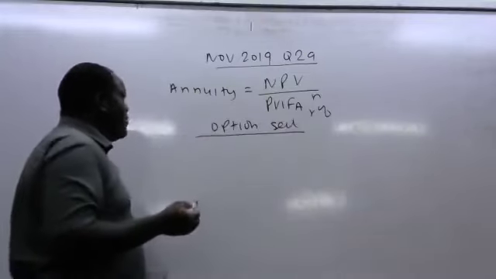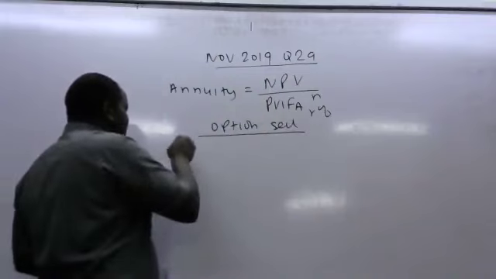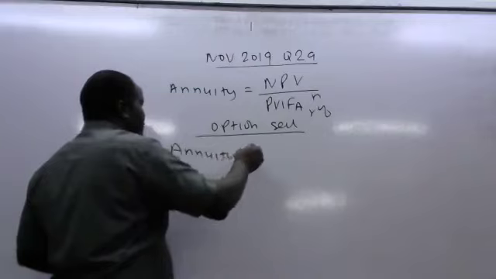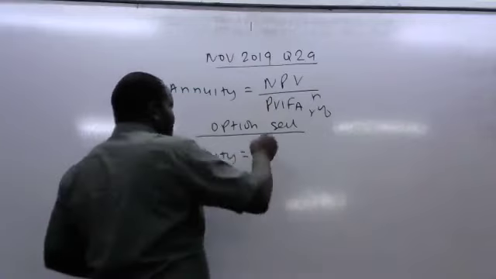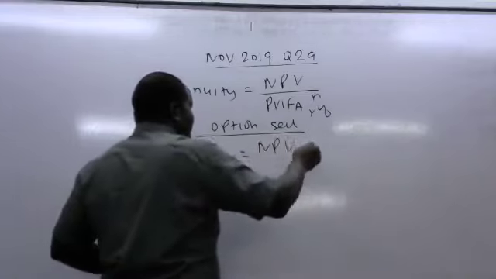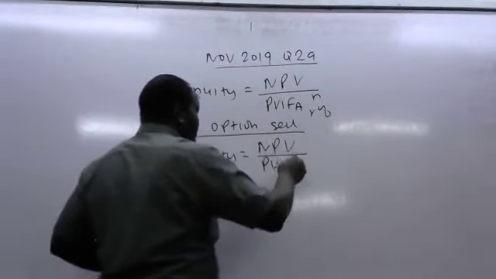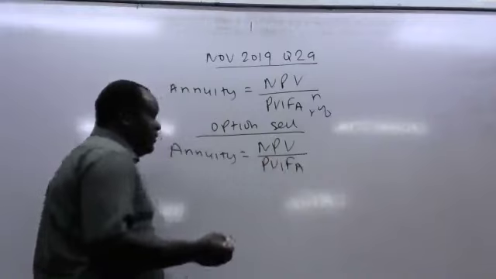To get the annuity for option sell, you simply take the NPV divided by the present value interest factor for the annuity.